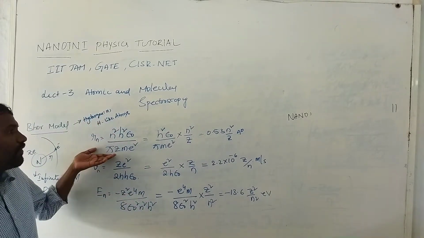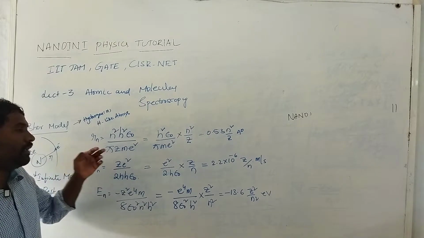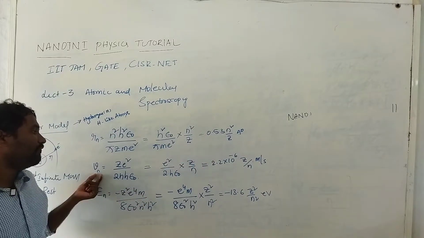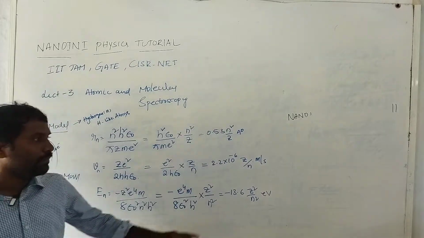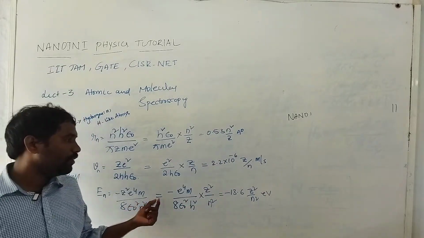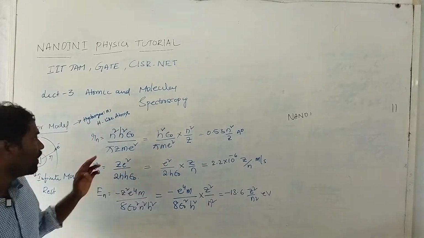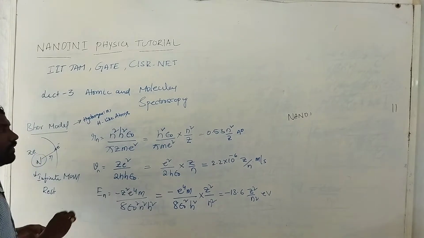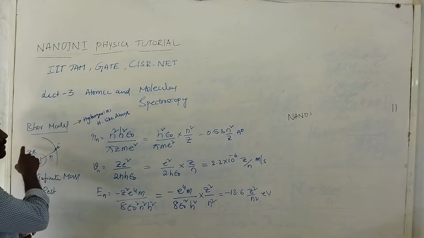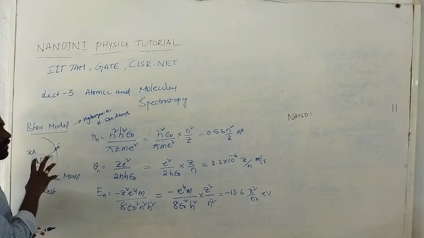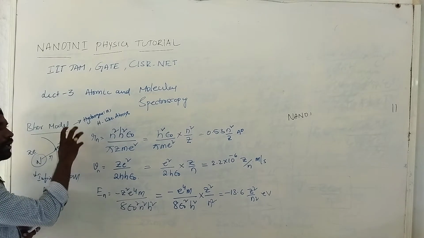So these are the values for the hydrogen atom: radius is 0.53 n square divided by z angstrom, velocity is 2.2 into 10 power 6 z by n meter per second, and energy is minus 13.6 into z square divided by n square electron volt. So finally we get the hydrogen atom radius, velocity and energy by using the Bohr model. The values of Rn, Vn and En are for the hydrogen atom only.